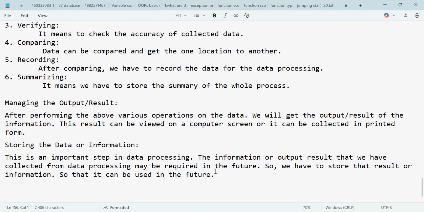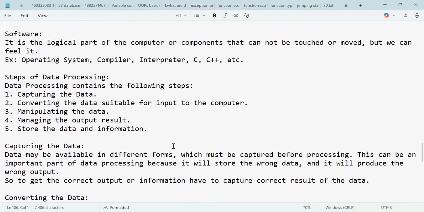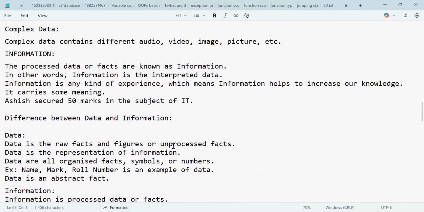It will be stored in a particular location so that it can be used in the future. That is the data processing system, or data processing cycle.